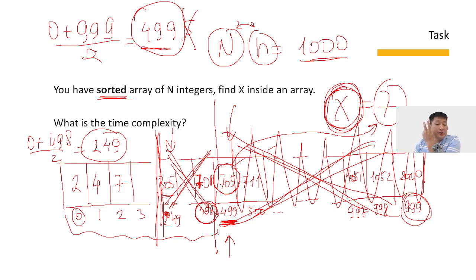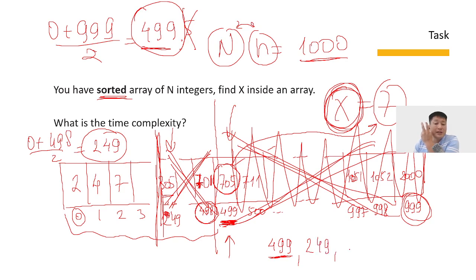So first we compare our x with the number at index 499. Then we compare it with the value at index 249.